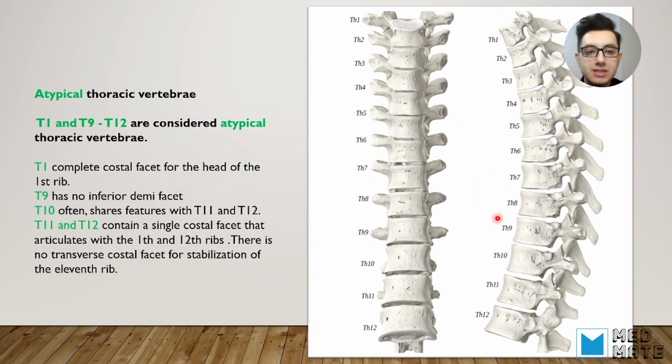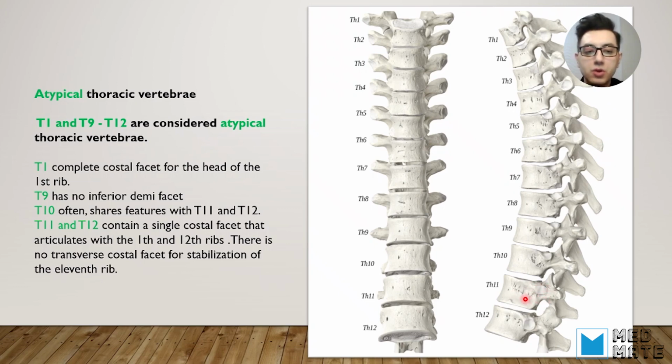Another exception is T9. You can see that here, and T9 has no inferior demifacet. As you can see, there is only superior demifacet, and there is no inferior demifacet. T10 often shares features of T11 and T12, and T11 and T12, both of them consist of only one demifacet in the center.